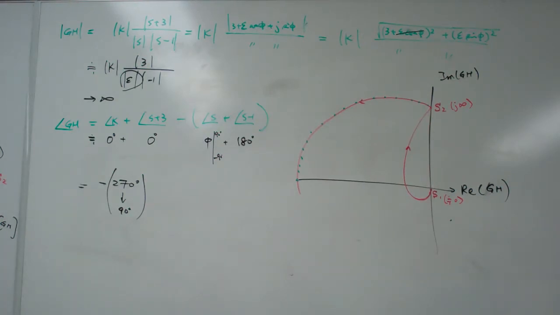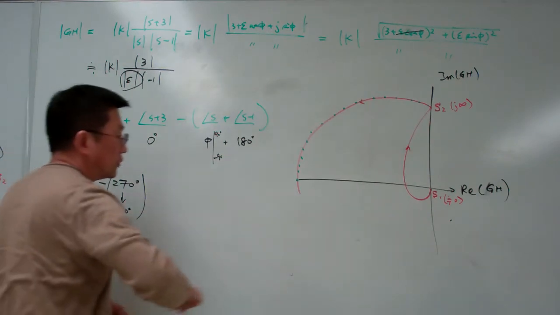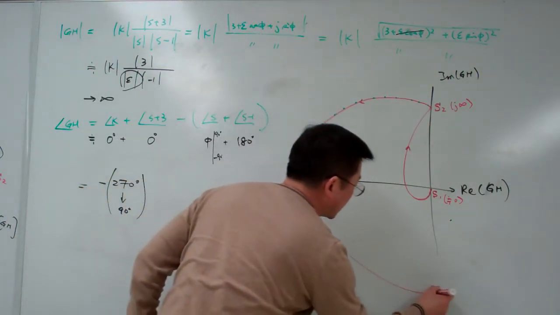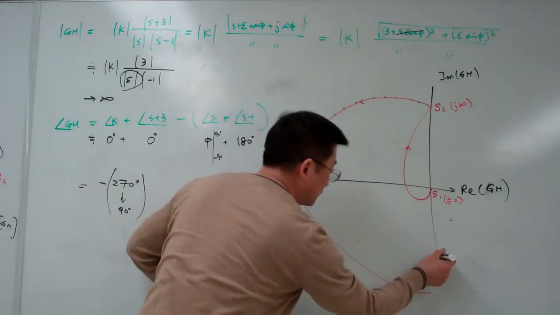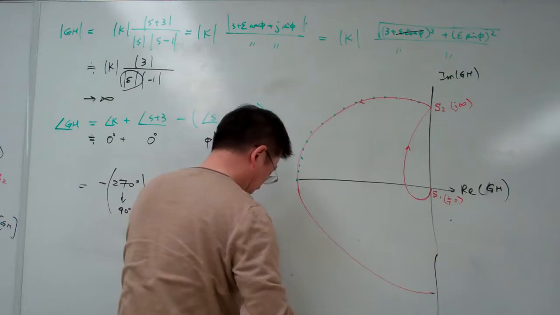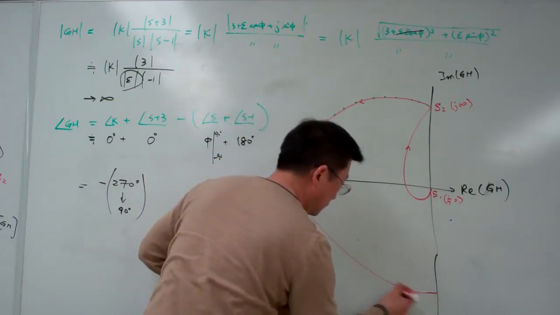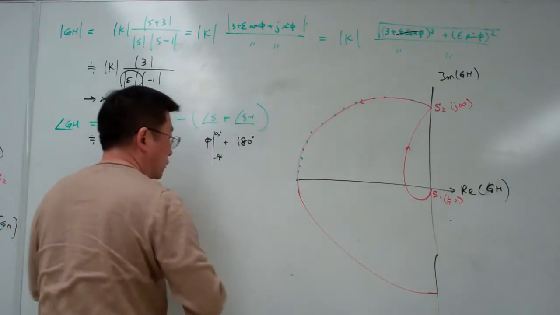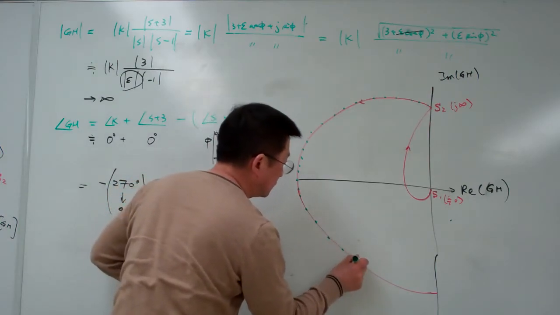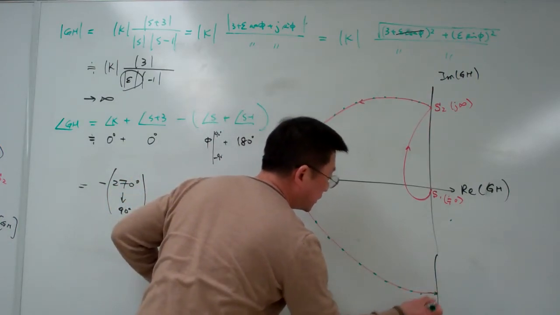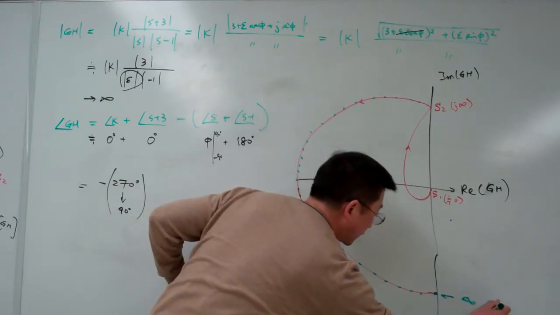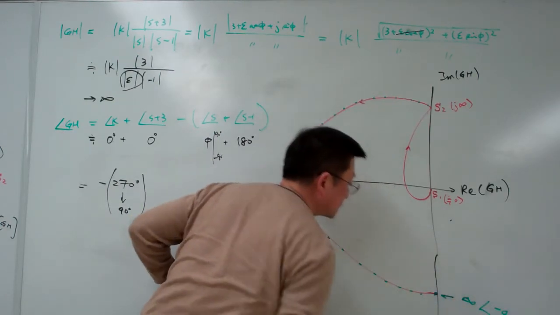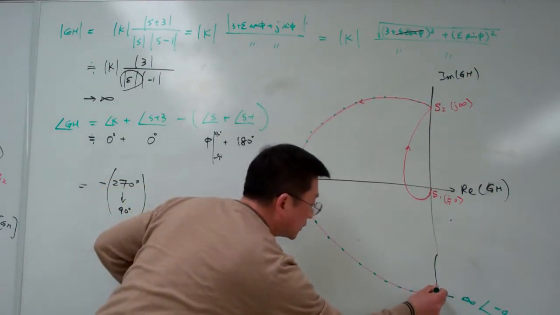So it comes to minus 90. Let me continue. It comes to minus 90 here. So those dots basically correspond to infinity at minus 90 degrees. Okay, so the final point is about there.